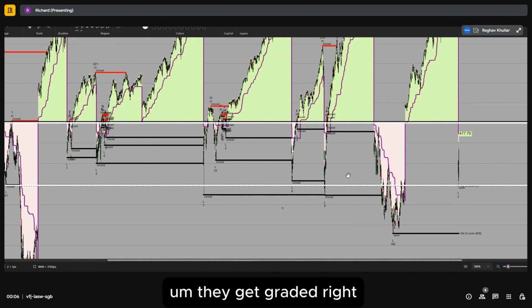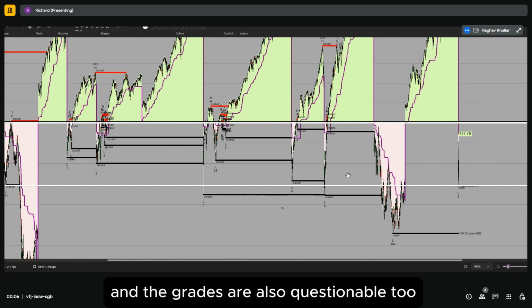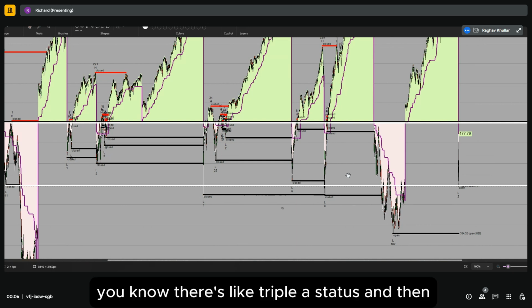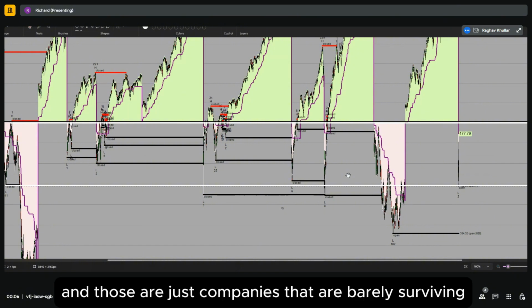Bonds get graded, right? And there's not a lot of companies that have very good grades, and the grades are also questionable. But when they grade them, there's AAA status, and then it starts to turn into junk bonds. And those are just companies that are barely surviving.